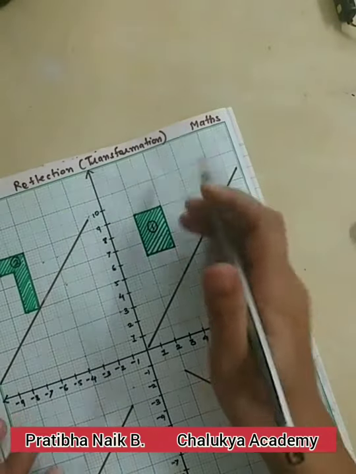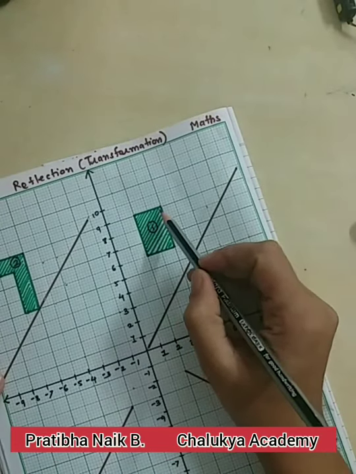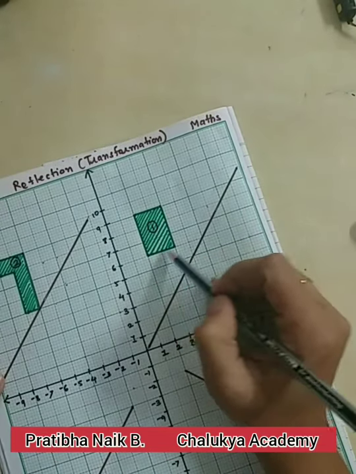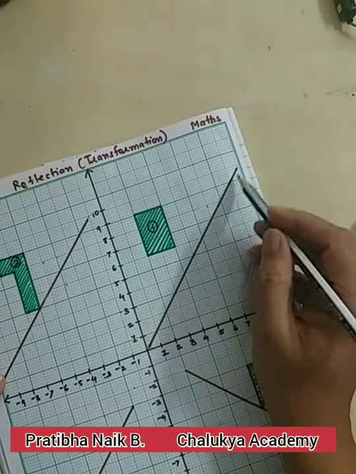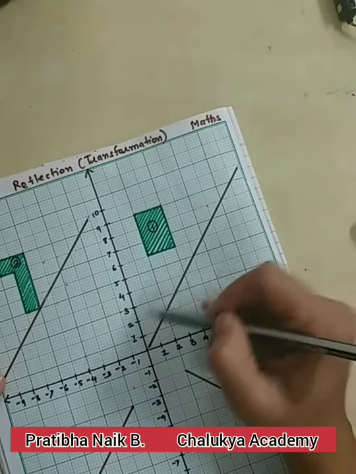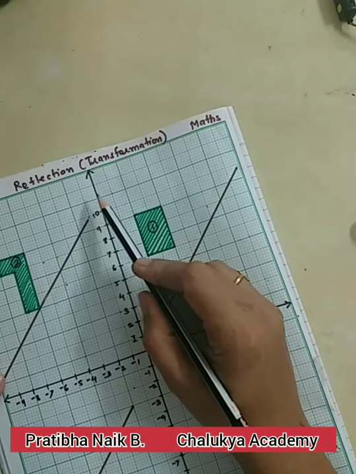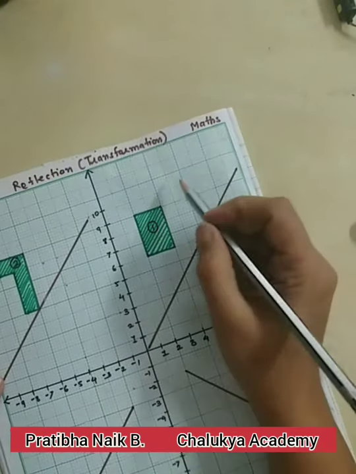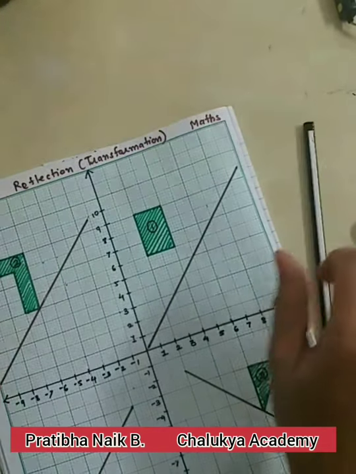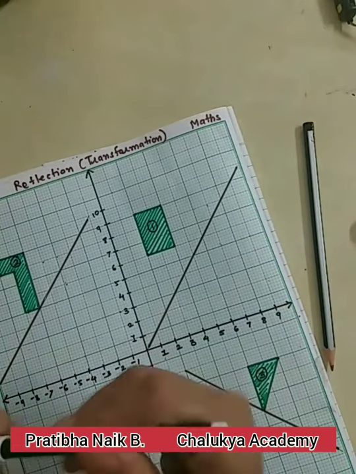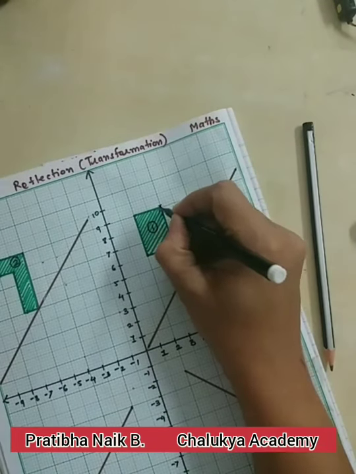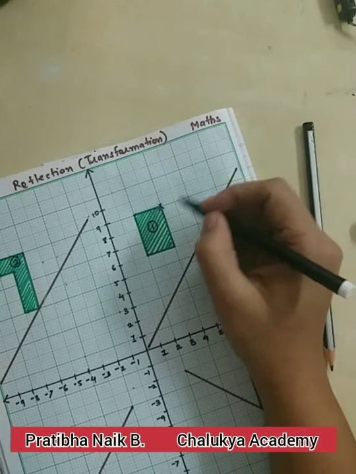Okay, so now let's take example 1. In example 1, as we discussed, this is our mirror line which is diagonal to the given axis. Now let's consider this point. Now you have to move ahead.